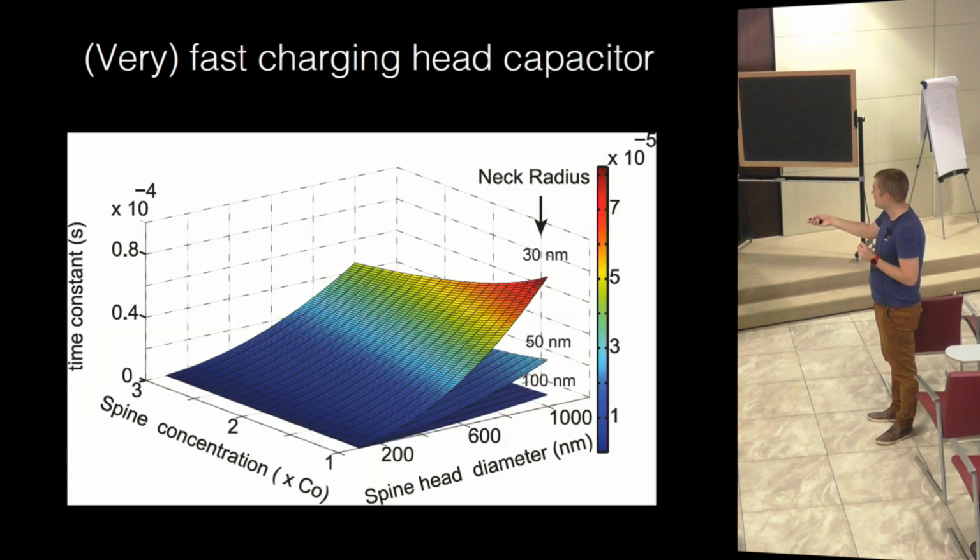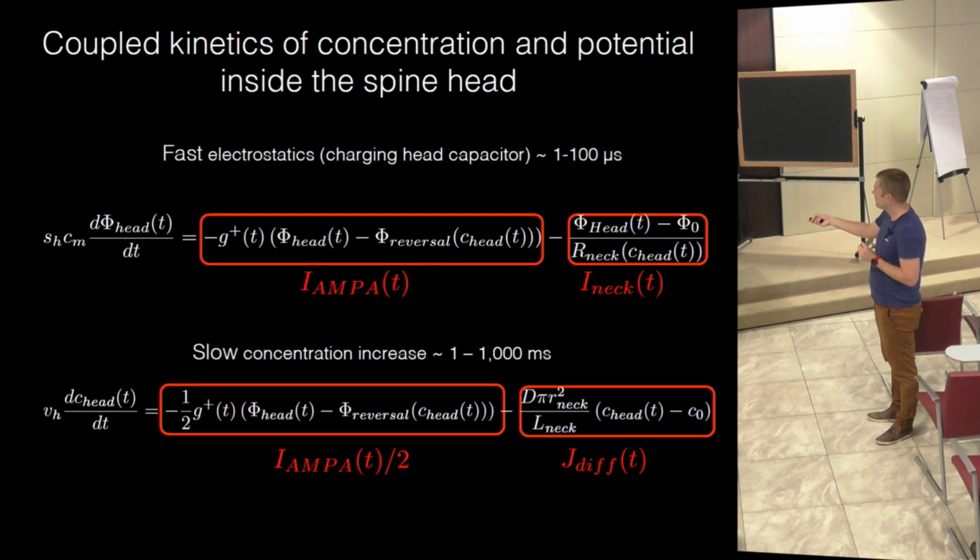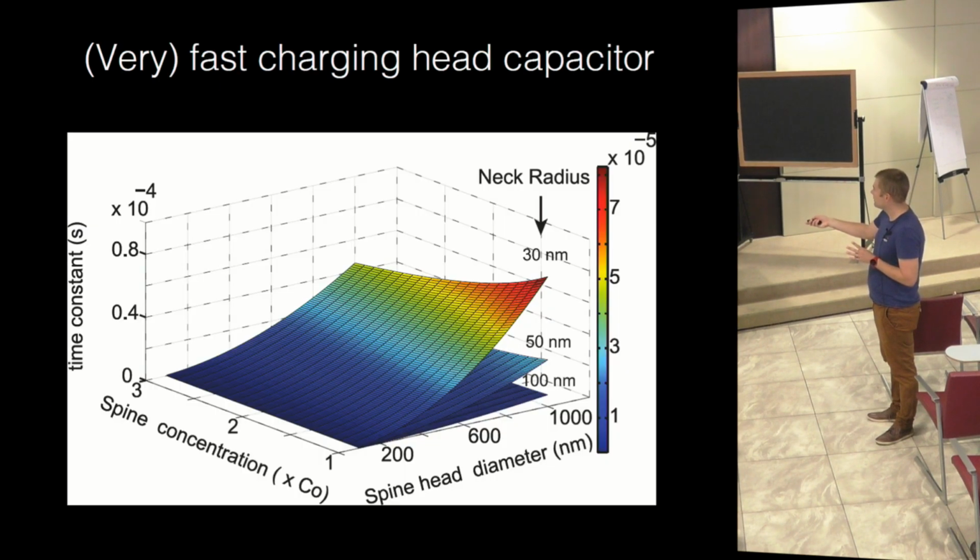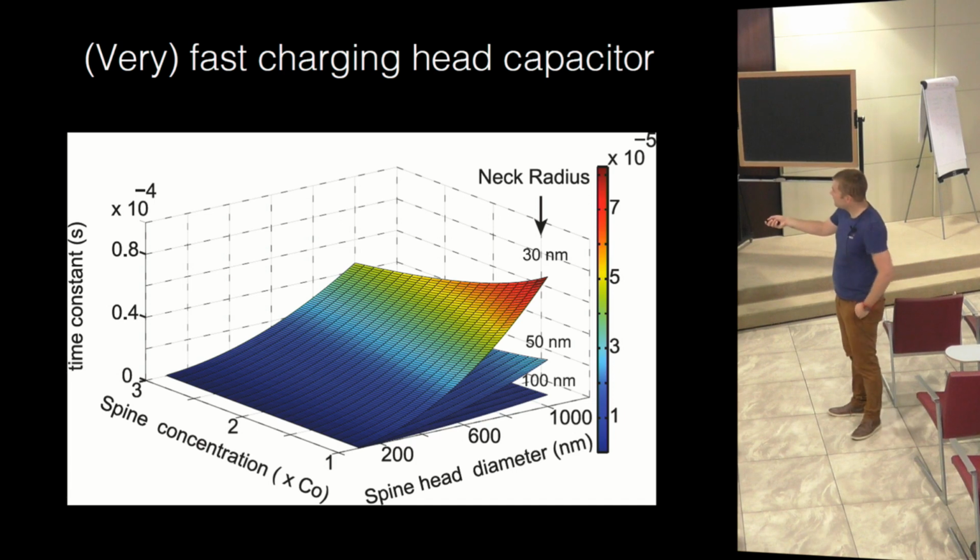So okay, just to show this for the fast system, for three neck radii, 30, 50, and 100 nanometers, spine head diameters, concentration, and this is the charging time constant.